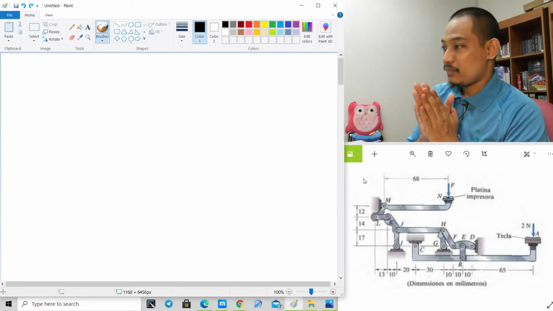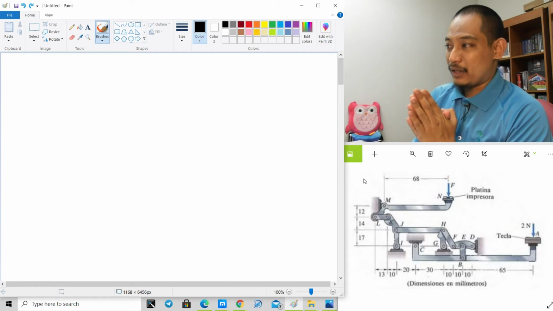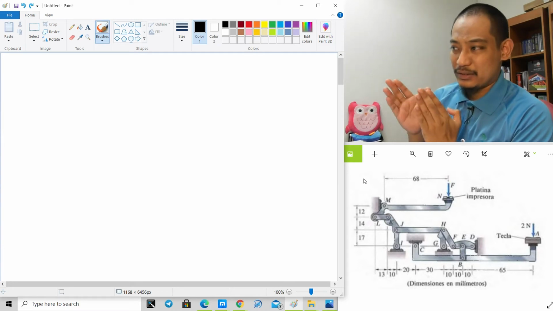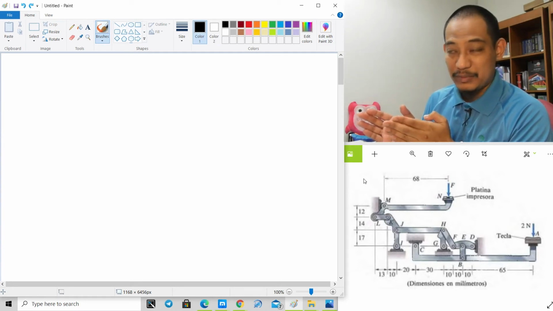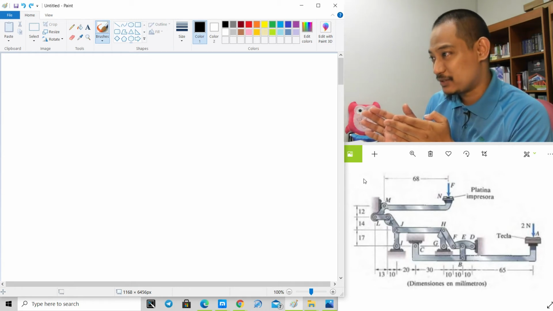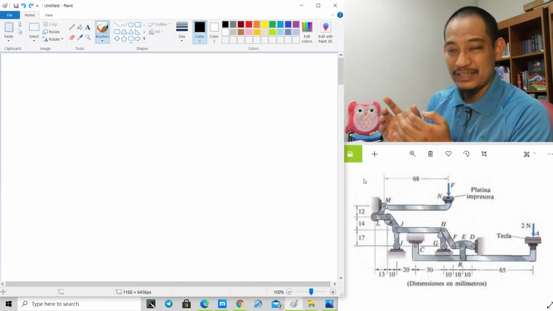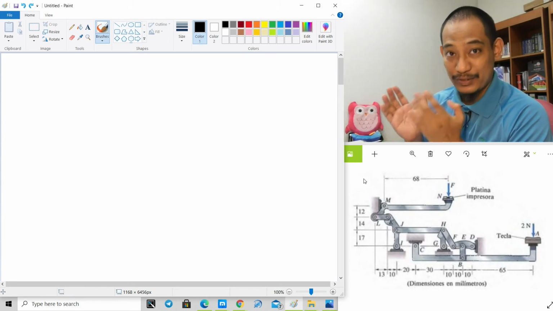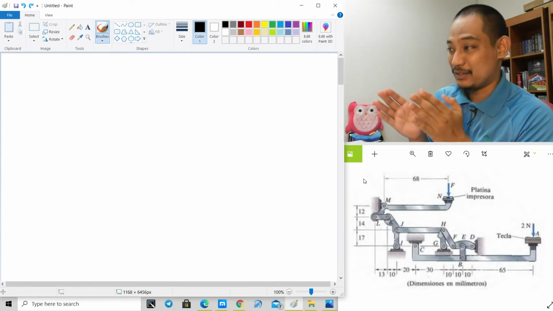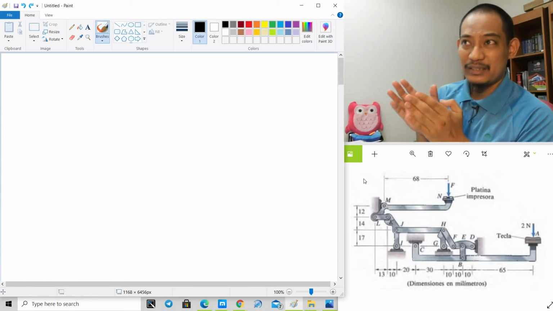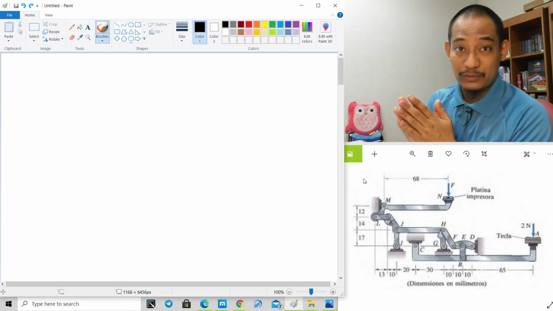Now, I noticed that many students, when they see a diagram like this, become afraid. This is so difficult, this is so complex. But actually, if you have done several questions like this, you will notice that this is one of those easy questions. Honestly, if you see something like this, normally the calculation is not as long as you initially thought it would be.